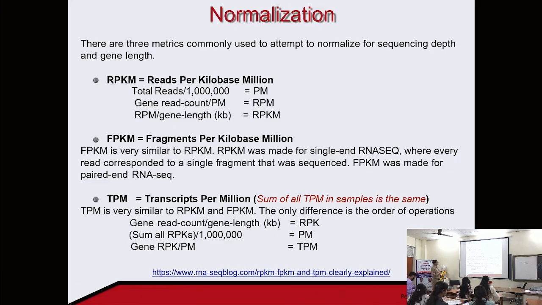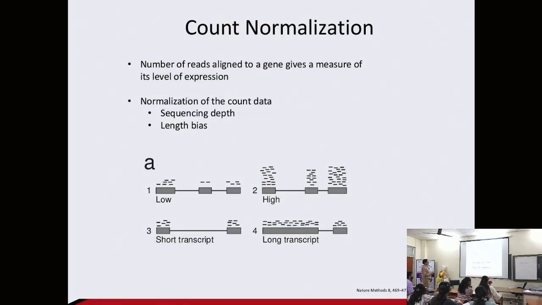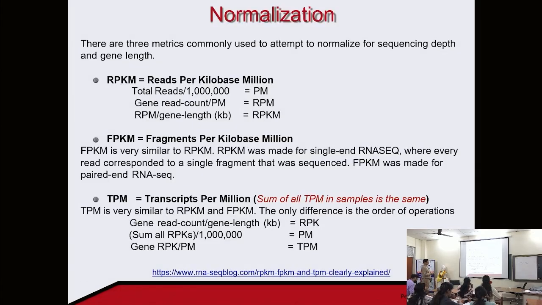Here are the metrics that have considered the normalization for sequencing depth and length bias. The first one is RPKM. RPKM is, for each gene or each transcript, reads per kilo base of transcript. You divide by the length of the transcript and multiply by 1000.